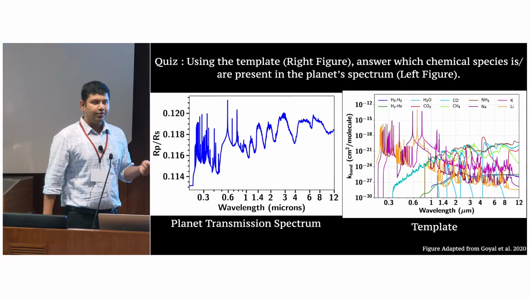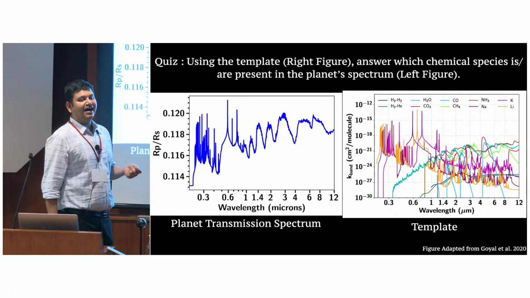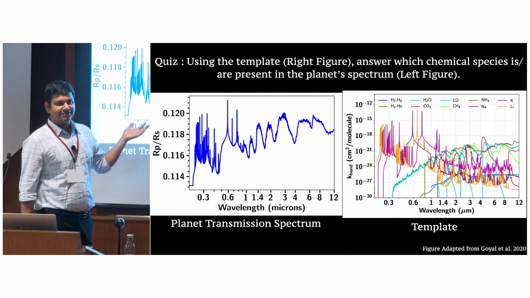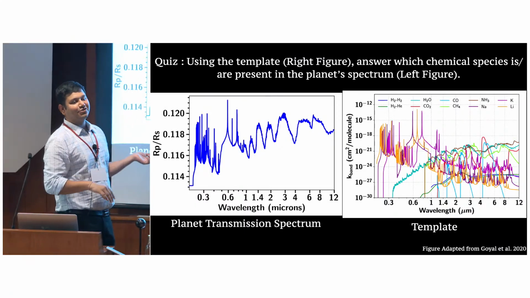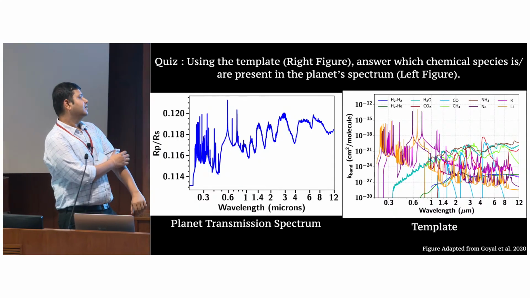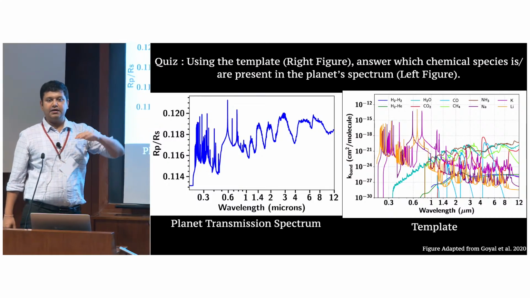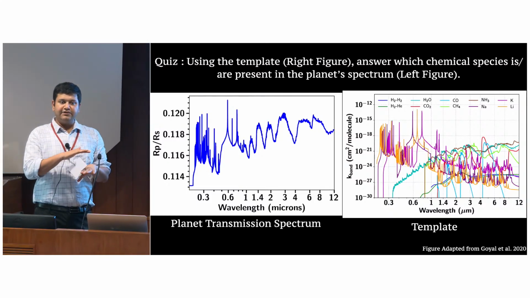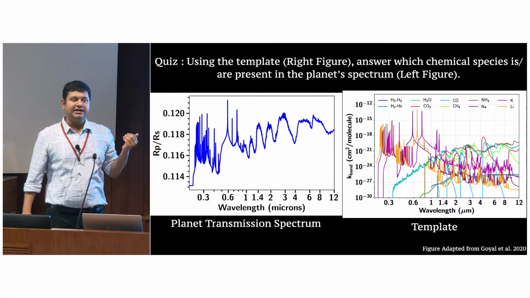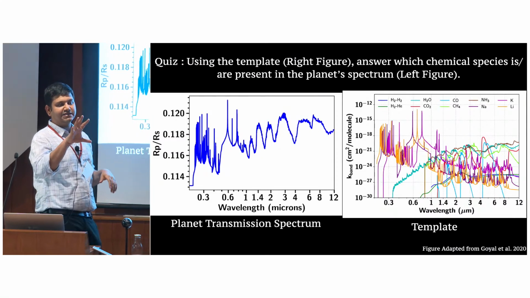The point I wanted to convey is that what you are doing here, we don't do with eyes. We don't look at it like this. In our models, the transmission spectrum that we get from any planet is a combination of all the different molecules that might be present, because ultimately what we are measuring is how much light is blocked.